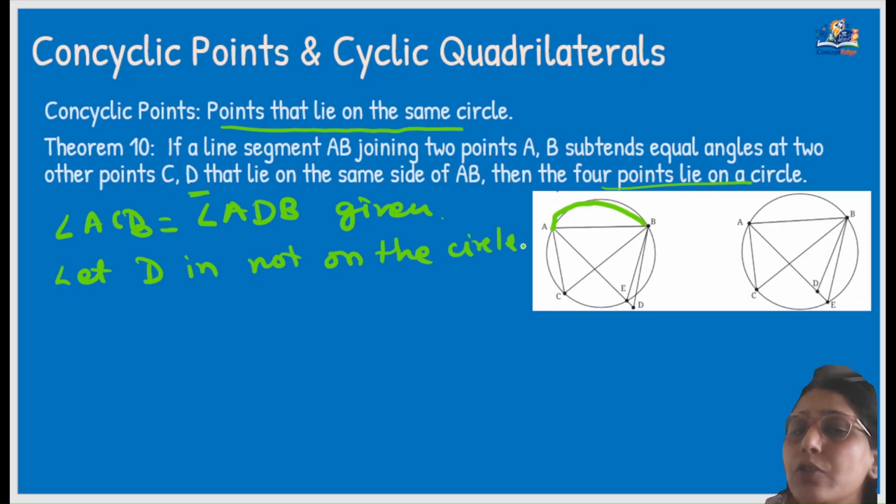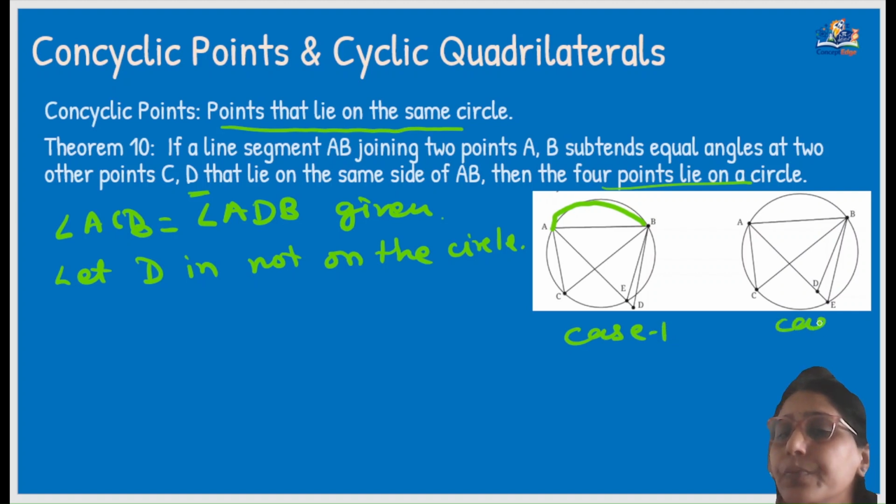So we have these two cases. This is case 1 and case 2. In case 1, we have taken D as an external point. In case 2, we have taken D as an internal point. When I take one more point E, which is on the circle, I have the result that angle ACB equals angle AEB.